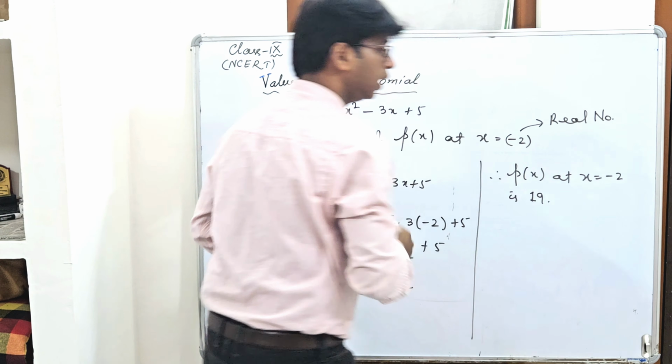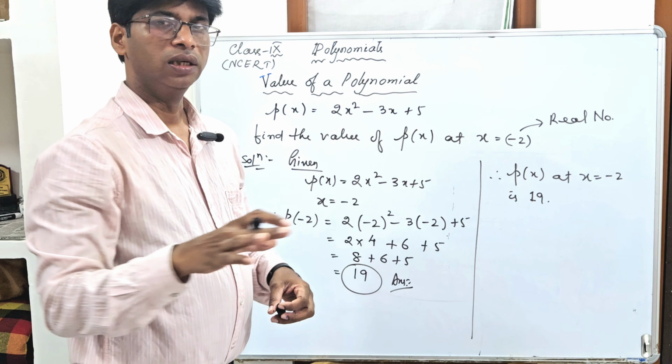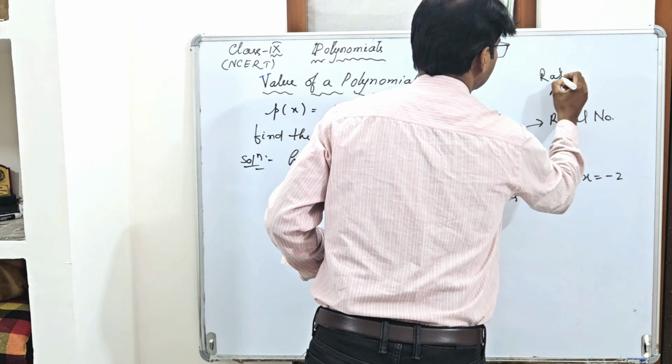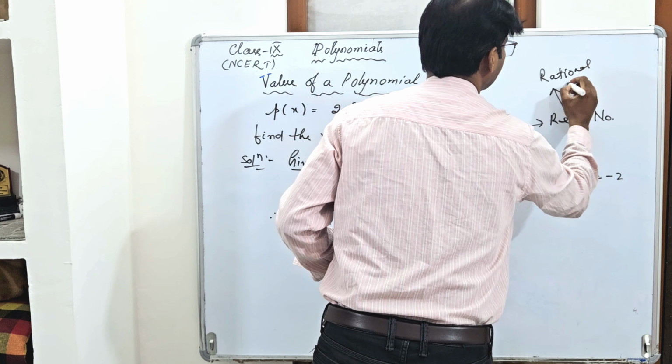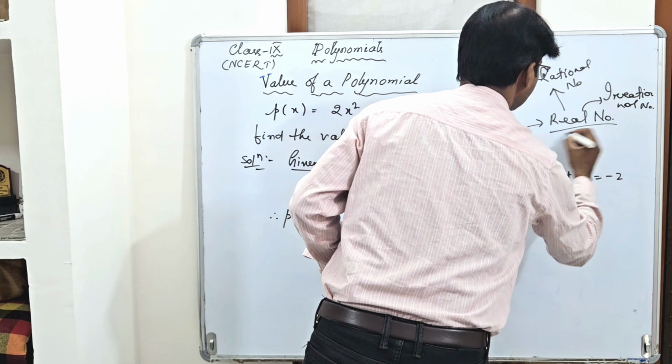That doesn't mean that only negative integers will be taken or only positive integers will be taken. We can take any real number. That means we can take a rational number, or we can take irrational numbers. Isn't it? Irrational numbers, because it's a real number.